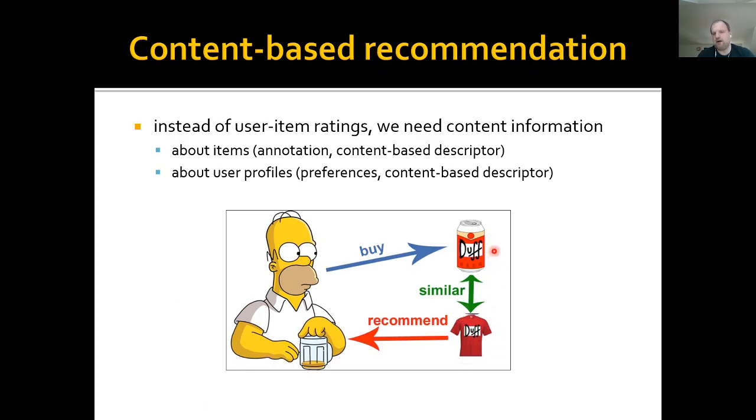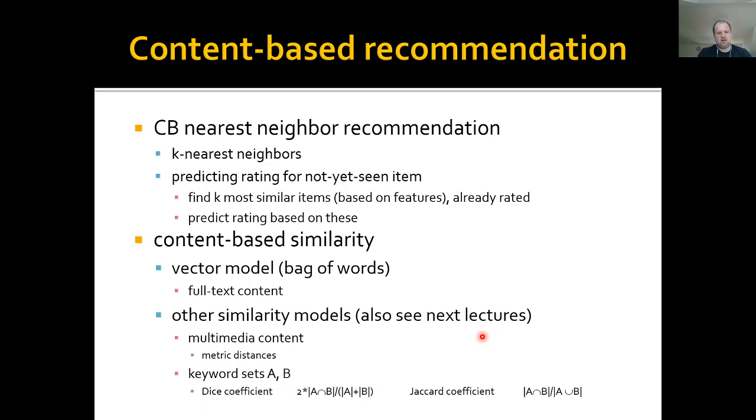For example, there are two keywords, Duff and beer, and here are two keywords, Duff and t-shirt. They have just Duff in common, so the similarity is 1/2, but maybe it's the highest similarity found, so it is recommended. Okay, so this is content-based recommendation.